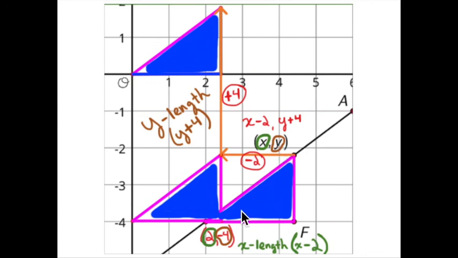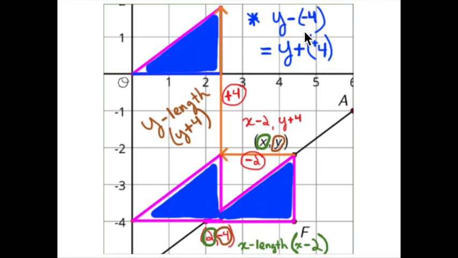It shows you that y minus negative 4 is the same as this y right here, which actually slid over to here, y plus 4. So now it's slid up to here. So y minus a negative 4 is the same as y plus a positive 4. So you can visually see why you have to add 4.